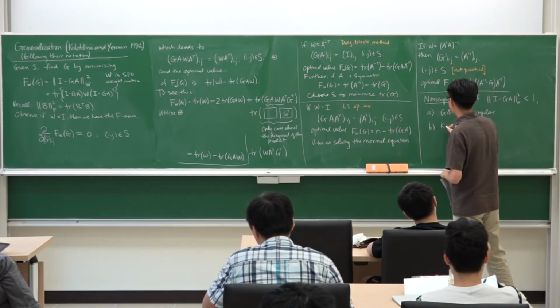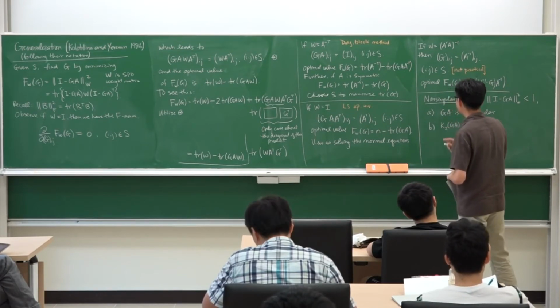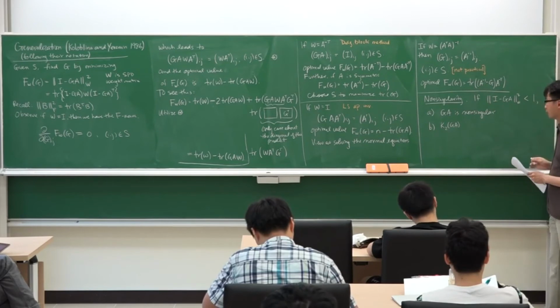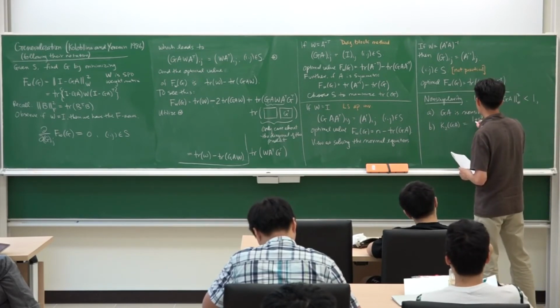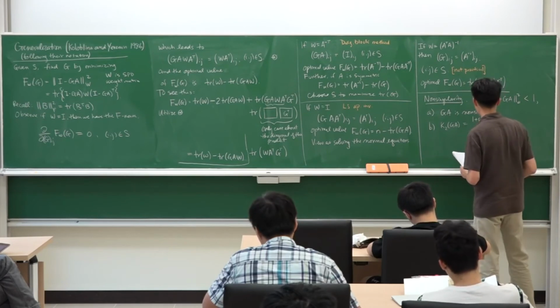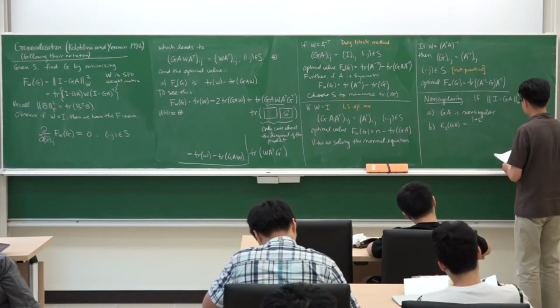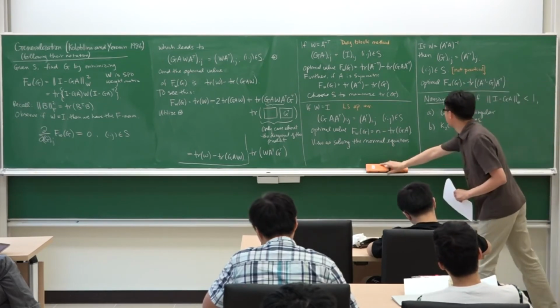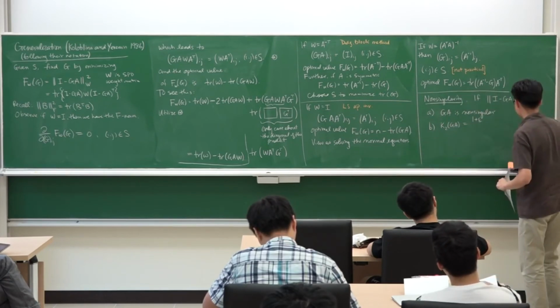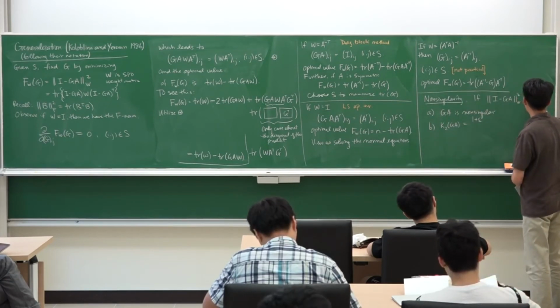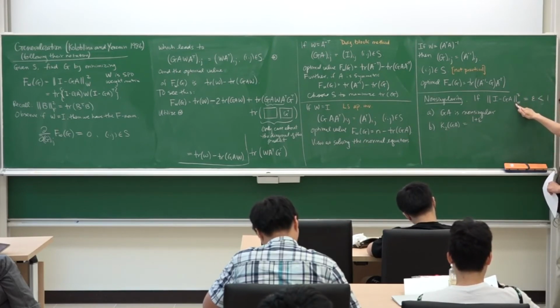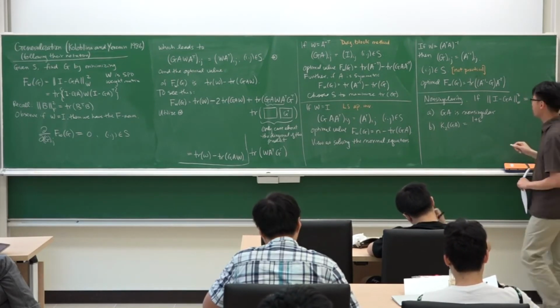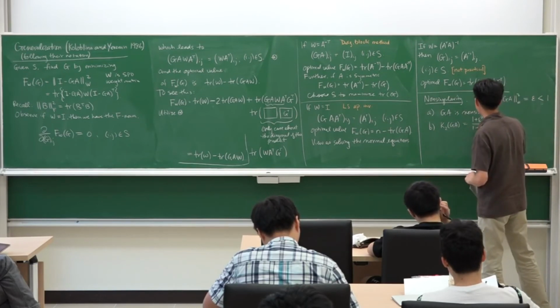So the condition number of GA, and let's say the 2 norm condition number, is at most (1 plus epsilon) over (1 minus epsilon), where epsilon is the norm, less than 1.